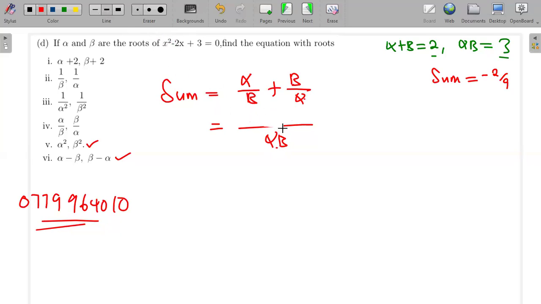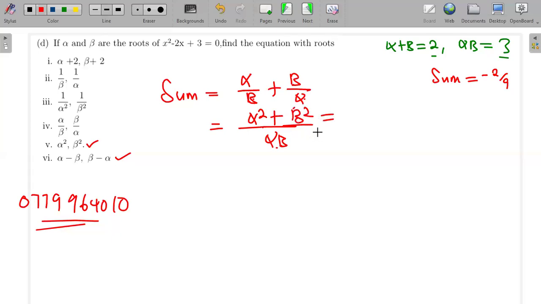Okay, so we are saying alpha into alpha beta gives me alpha, and then alpha multiplied by alpha, I get alpha squared. Plus beta into alpha beta gives me beta, and beta multiplied by beta, beta squared.